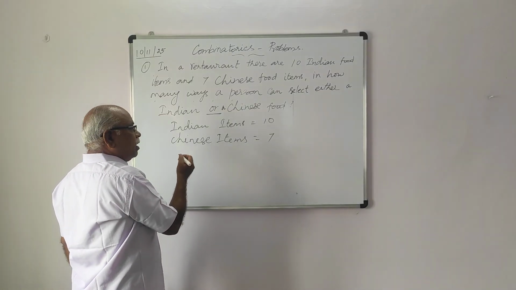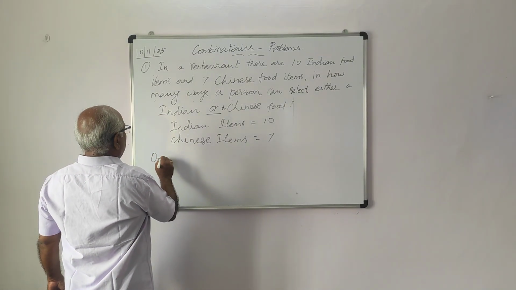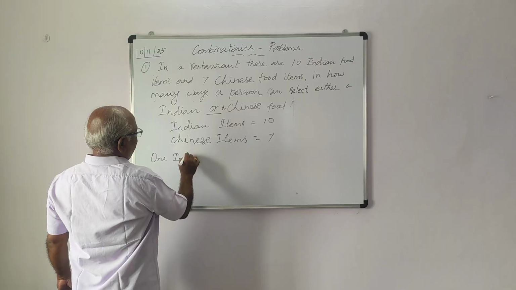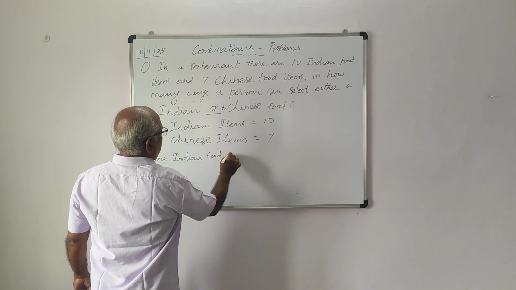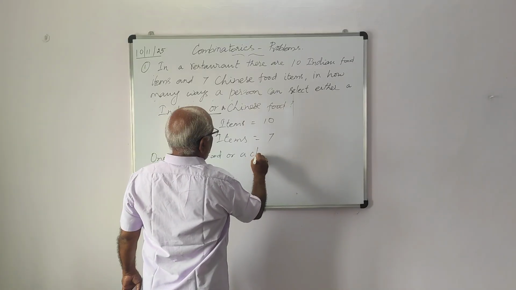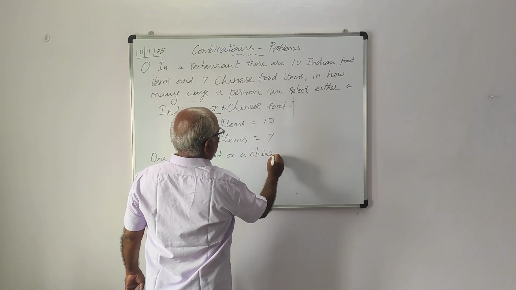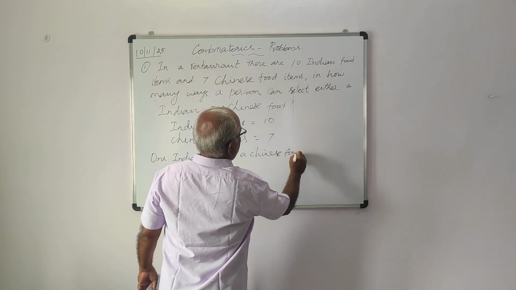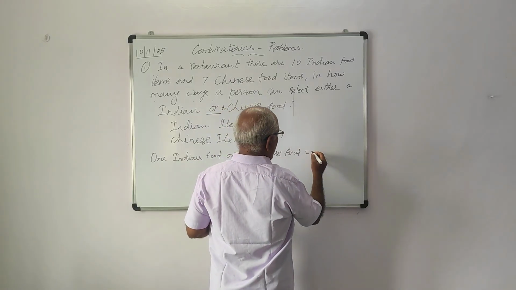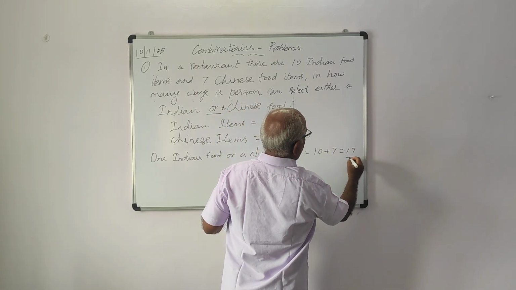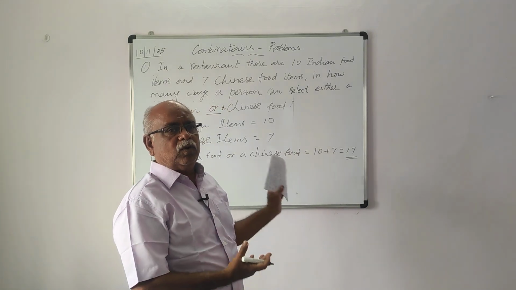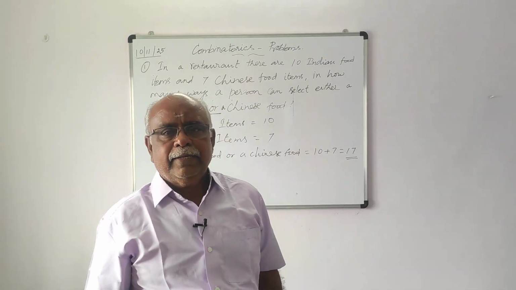The number of ways of ordering one Indian food or a Chinese food is nothing but the addition rule, the sum rule, that is 10 plus 7, equal to 17 ways of ordering the food. That's all for this problem.